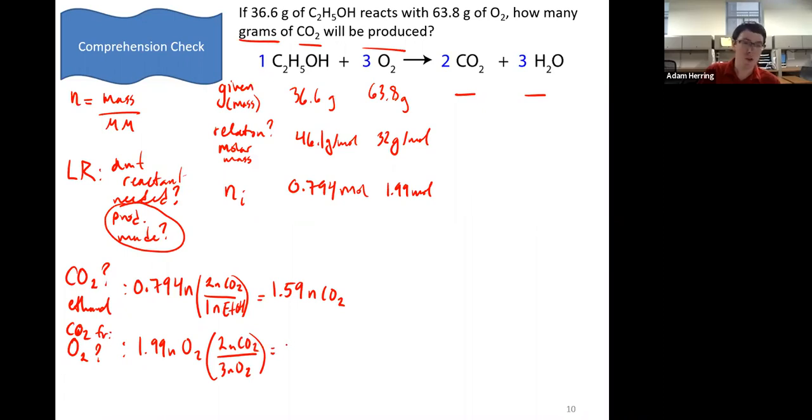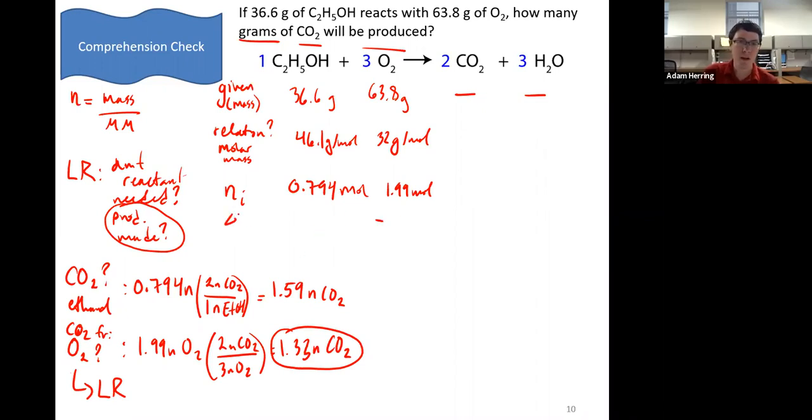That would produce 1.33 moles of carbon dioxide. So it's a good thing we didn't just assume that the ethanol was going to run out first. Using ethanol, we would be able to produce more carbon dioxide. Therefore, oxygen is going to be our limiting reactant. It produces the least amount.